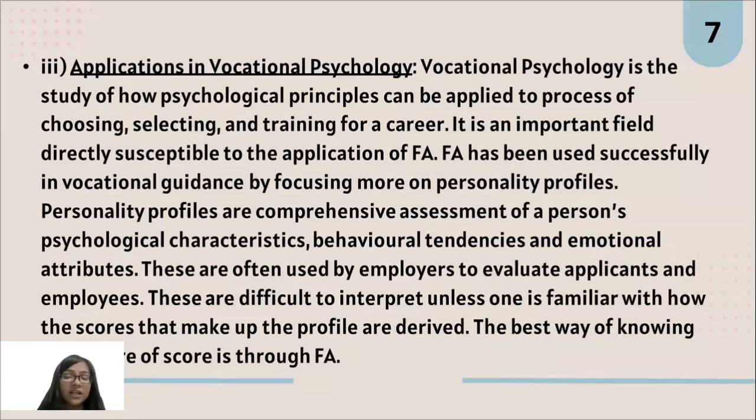But if I give you certain factors or variables in happiness or loyalty or satisfaction, you're going to get it: okay, the score of 47 would mean this. So factor analysis helps in interpreting the scores. It shows what variables and factors can be understood using that score, so it helps in personality profiles.